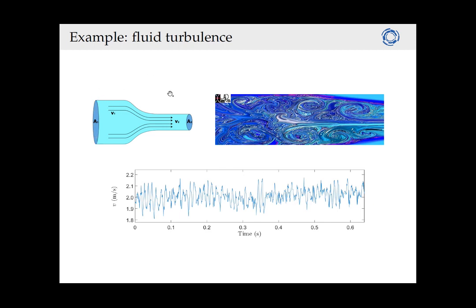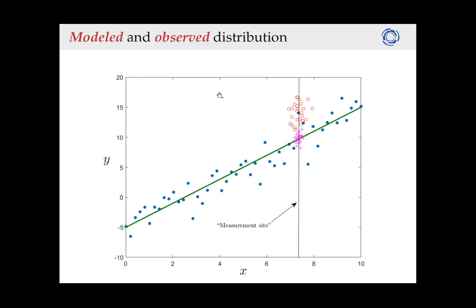And so you could think of a very simple student experiment to let students measure fluid velocity at various locations along this pipe, and these locations correspond to what I've called here measurement sites.